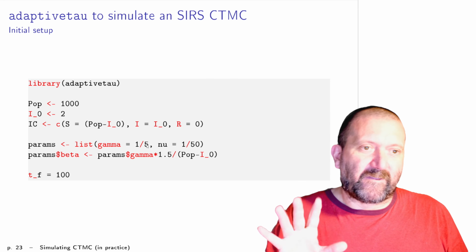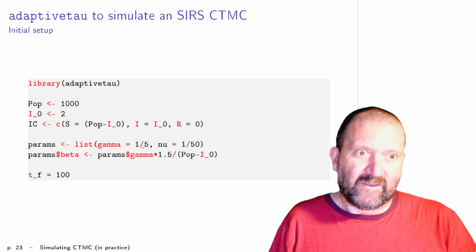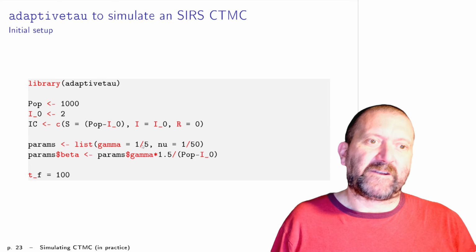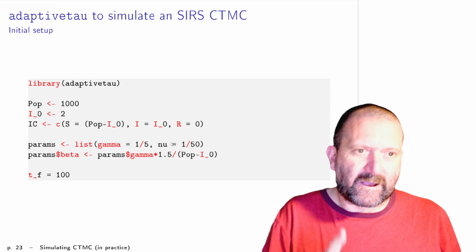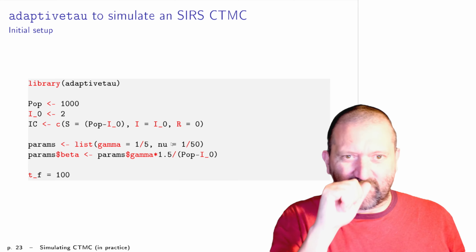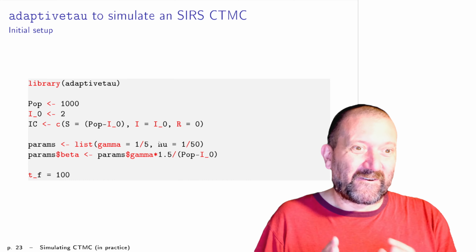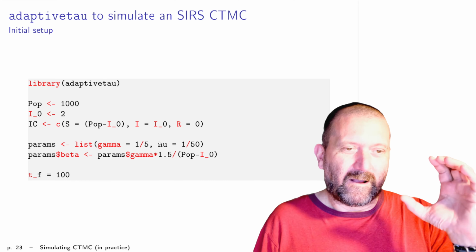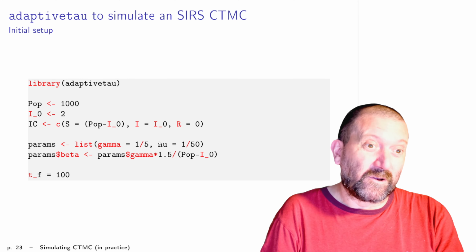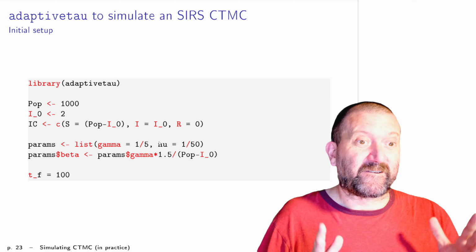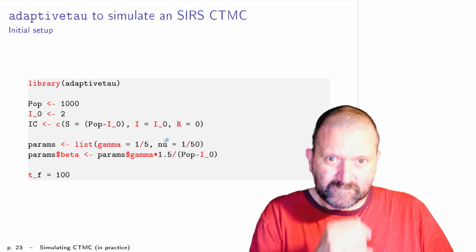I'm going to suppose that time units are a day, so gamma being 1/5 means that on average it takes you 5 days to recover from the disease. And nu, for which I should add a little flow diagram to these slides, I will do that. So nu is the average rate of movement from R back into the susceptible population. So 1/nu is the average time of immunity. Here I'm assuming an immunity of 50 days.